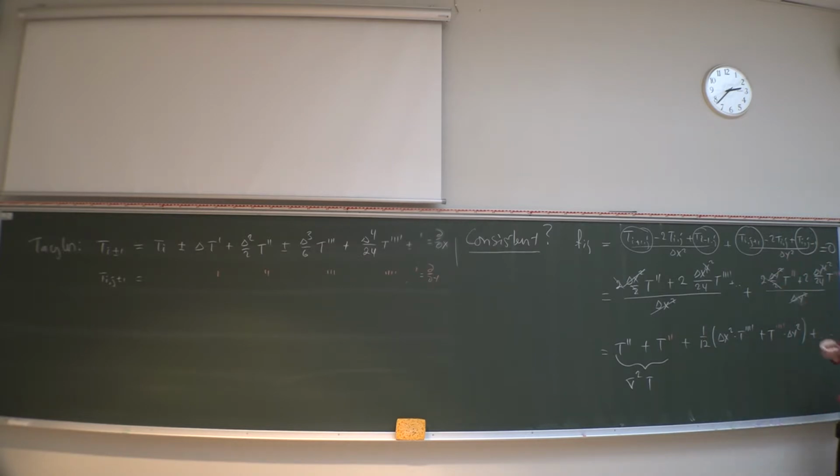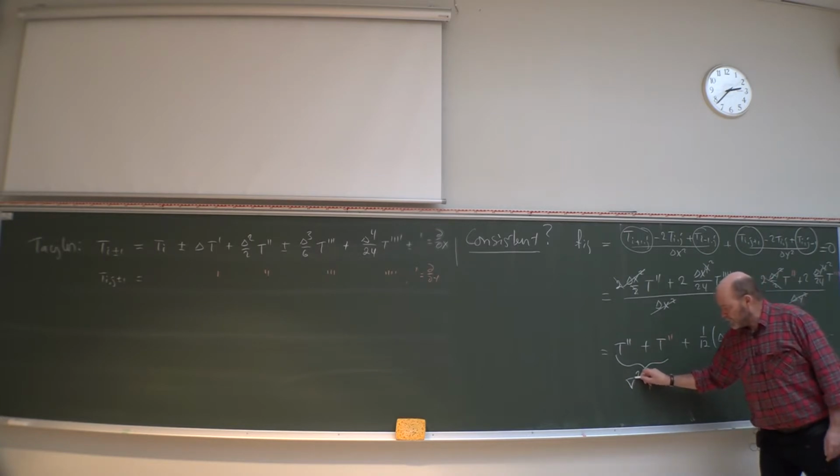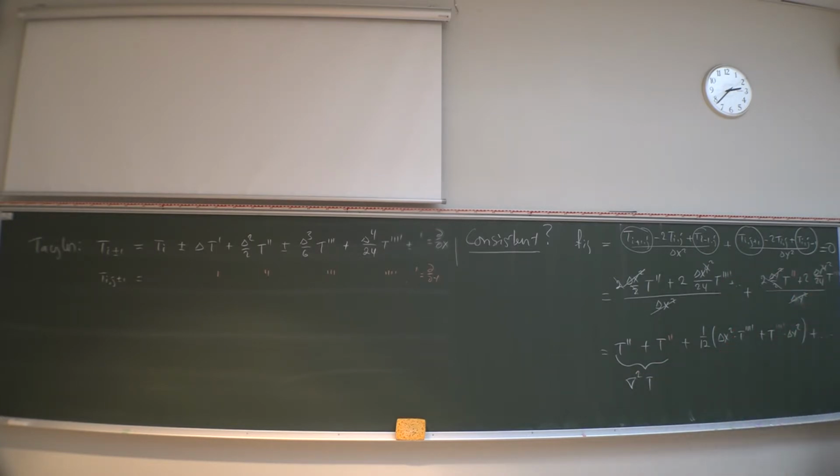Most schemes are going to be consistent, so it shouldn't be a problem, but we have examples of schemes that are not consistent. Furthermore, we have here confirmed second order accuracy. This is the truncation error. How big these fourth order derivatives are going to be, I have no idea. But I know the error here is going to be of order delta x squared, delta y squared. So yes, they are second order accurate.